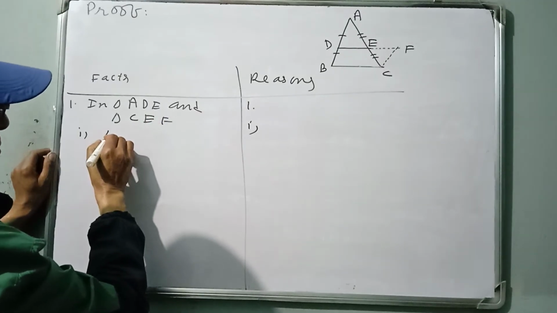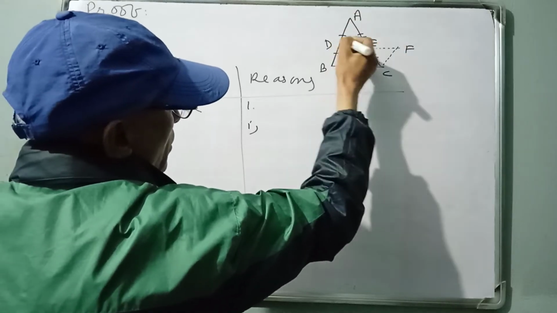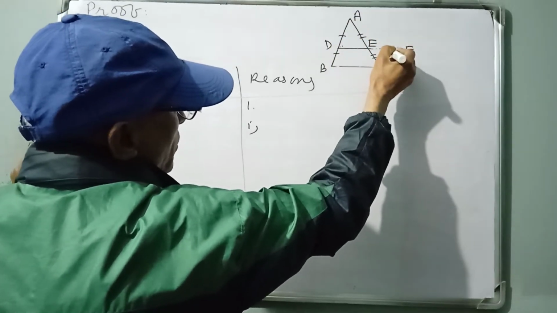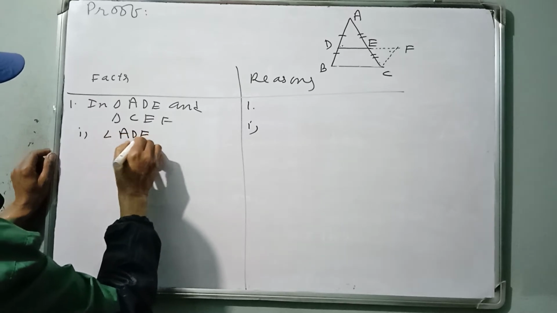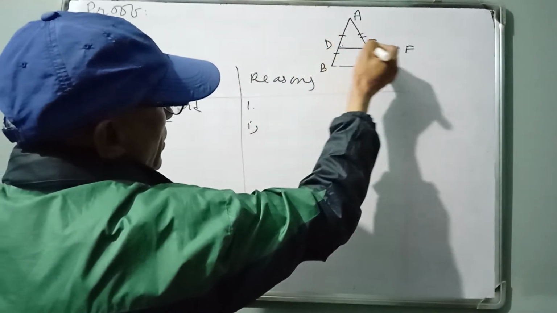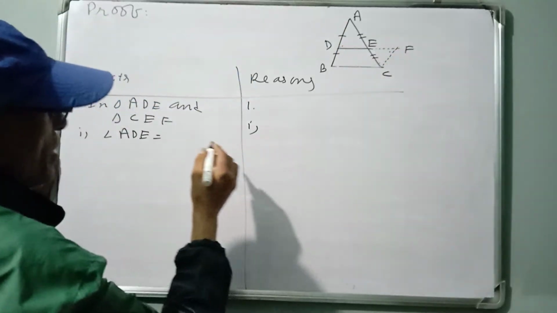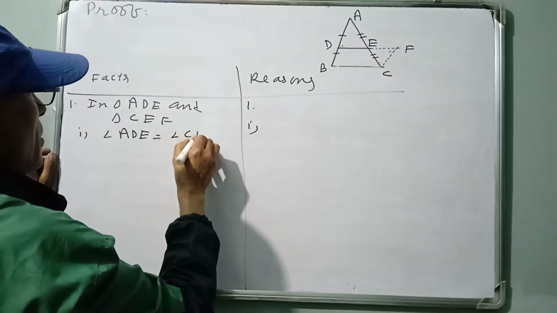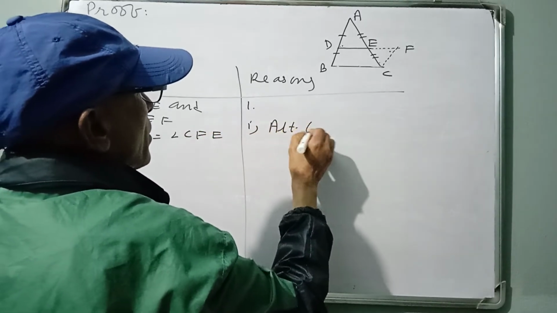Angle, this angle equal this angle. See, so this angle equal this angle. Alternate angle. Angle ADE equals angle CFE, reason: alternate angles.